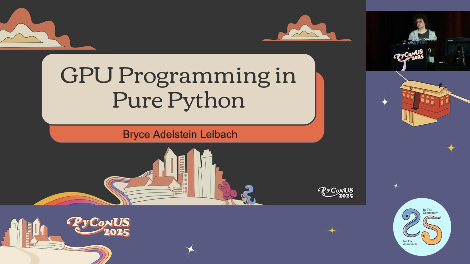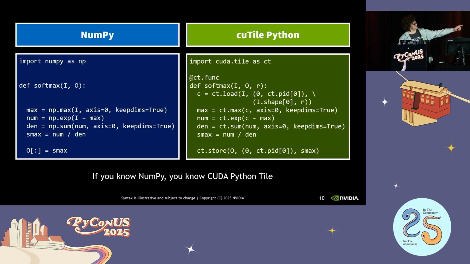The next step of that, if you're looking for something that's more Pythonic, what you want is cuTile. Hang on, let me see if I can find the other slide here. On the right is what the speed-of-light cuTile softmax implementation looks like.